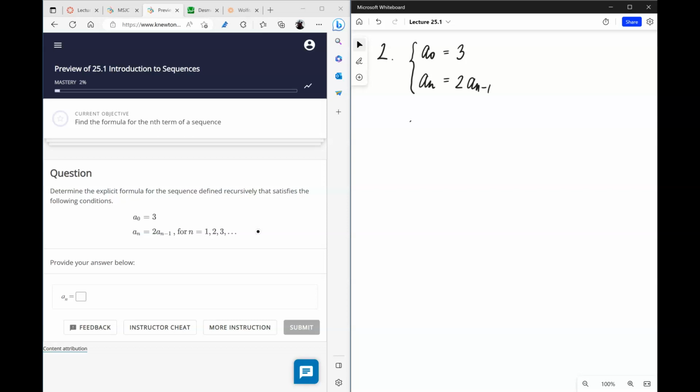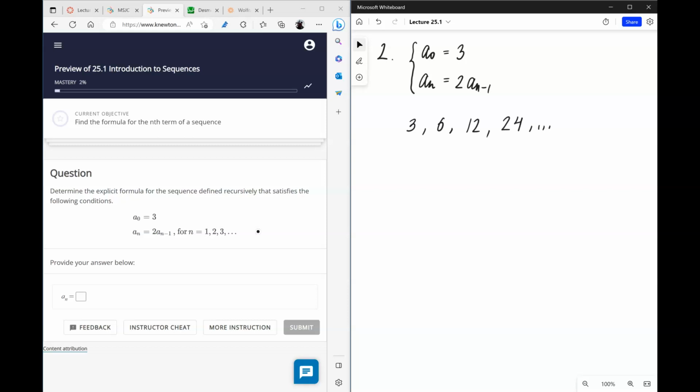So the first term is 3, then it's twice as much, so it's going to be 6, then it's going to be twice as much, then it's going to be 12, then it's going to be twice as much, 24, and so on.